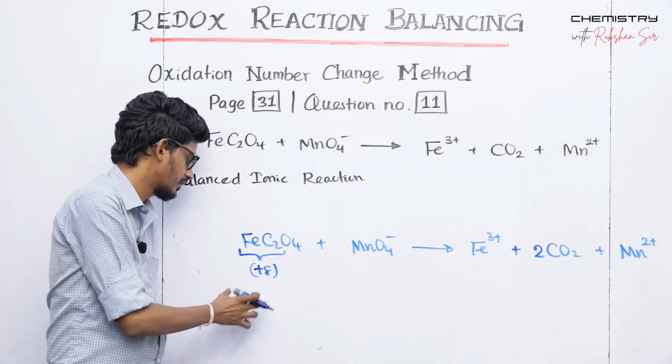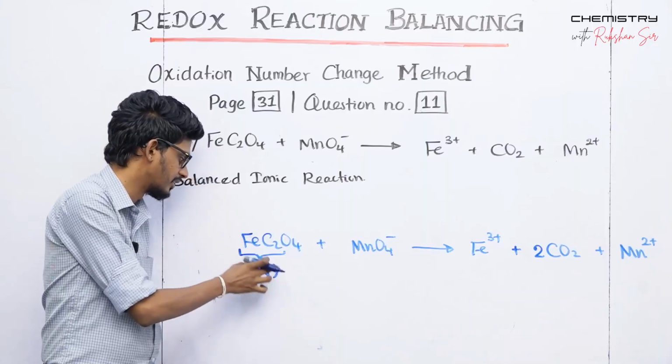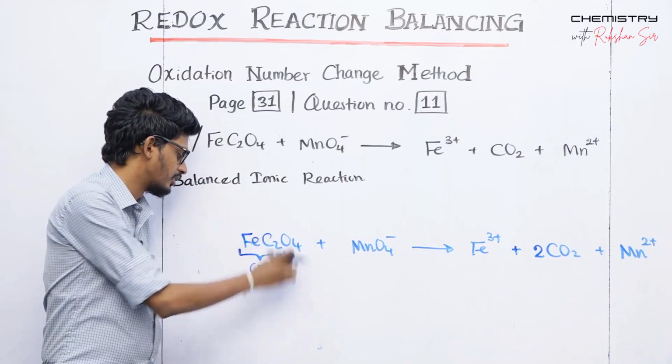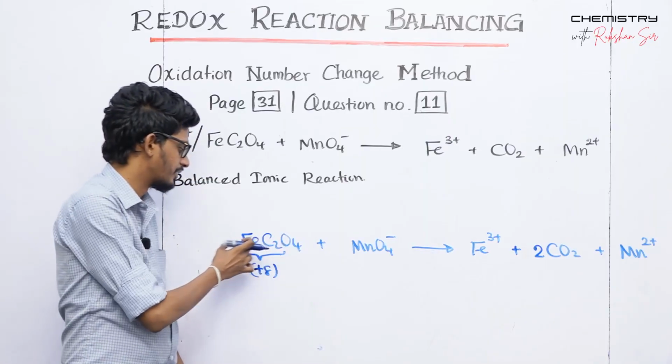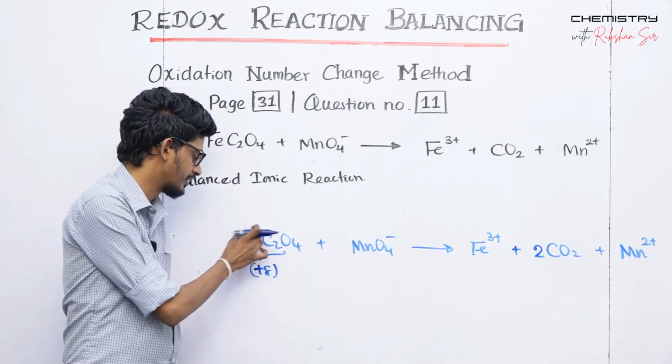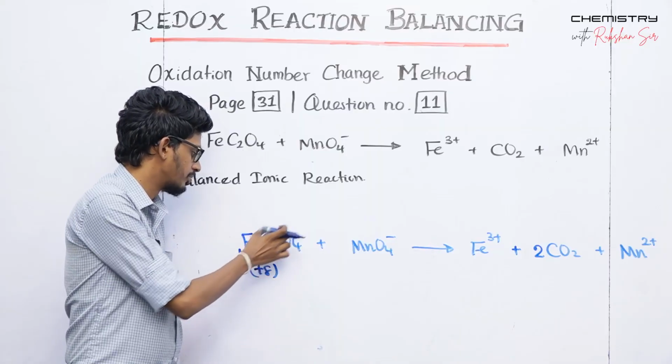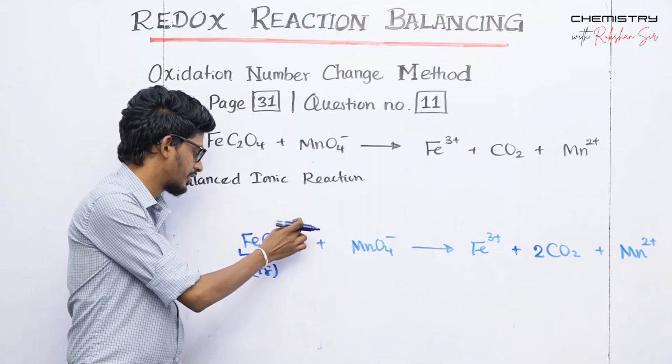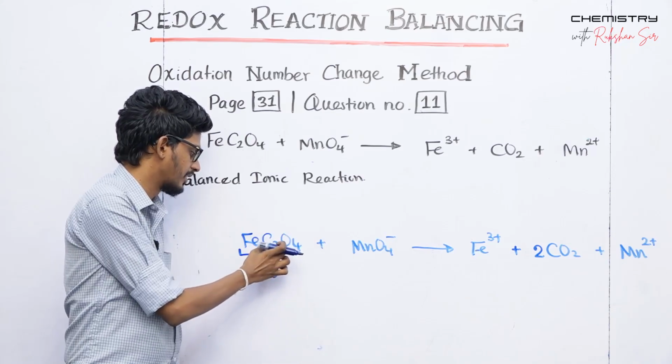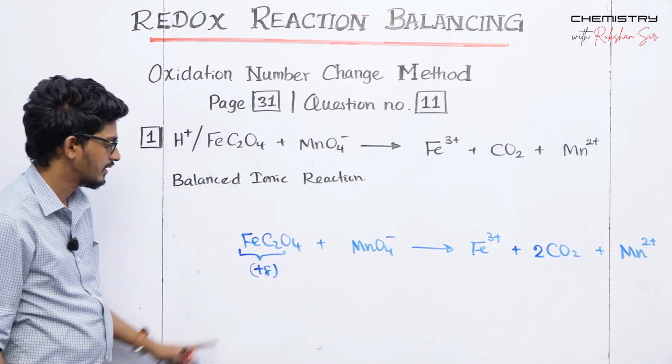As the charge is 0, the summation of oxidation states of all the atoms should equal the charge. Since the oxygens give -8, it should be +8.